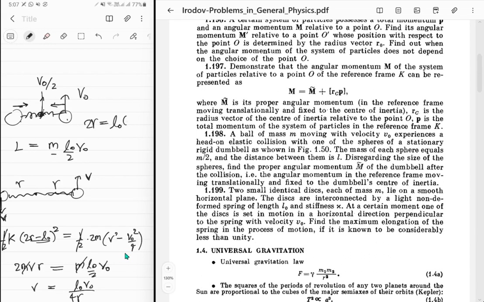So here X will be the strain on the thing, right? And probably that's what they mean by elongation, because they are saying it's known to be considerably less than unity, right? So unity is unitless, of course.